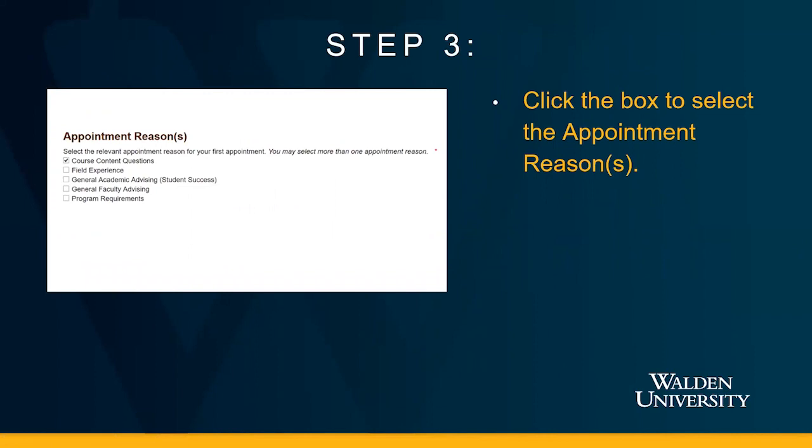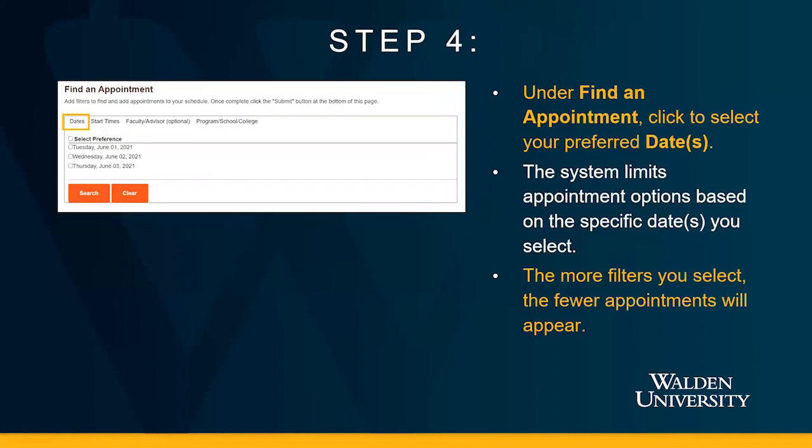Next up, you'll select an appointment reason. And then from there, you can identify a specific date, time, advisor, or program for your appointment. Please note, the more filters that you select in this process, the fewer appointments will appear.